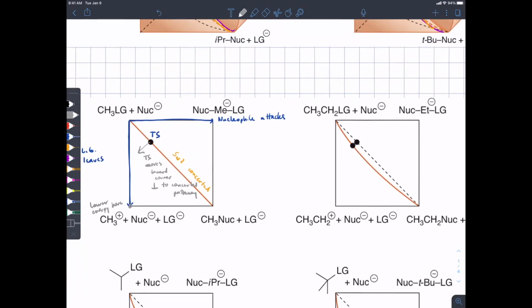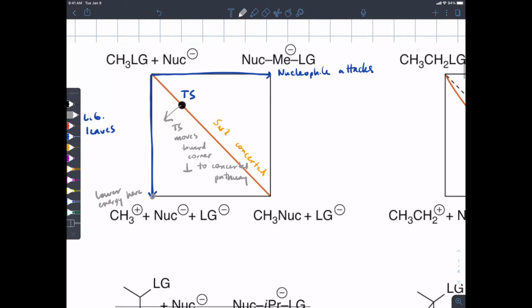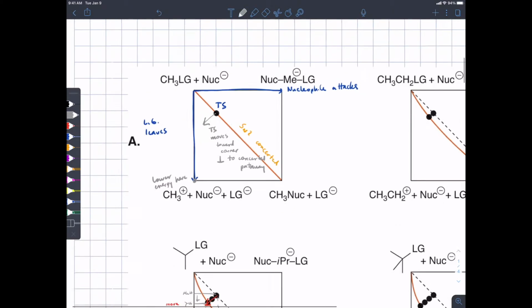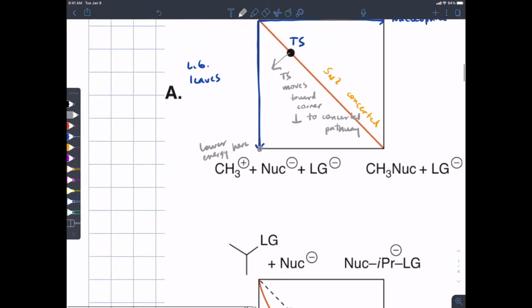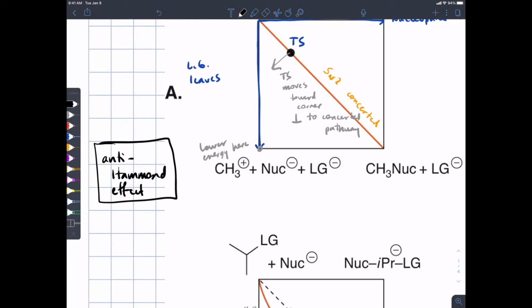Okay, so we might expect, if we could somehow make this proposed intermediate where the nucleophile attacks first and then the leaving group leaves, if we somehow made that structure more stable, the transition state would be pulled in that direction. Okay, that's called an anti-Hammond effect, for reasons that we'll talk about in just a second.